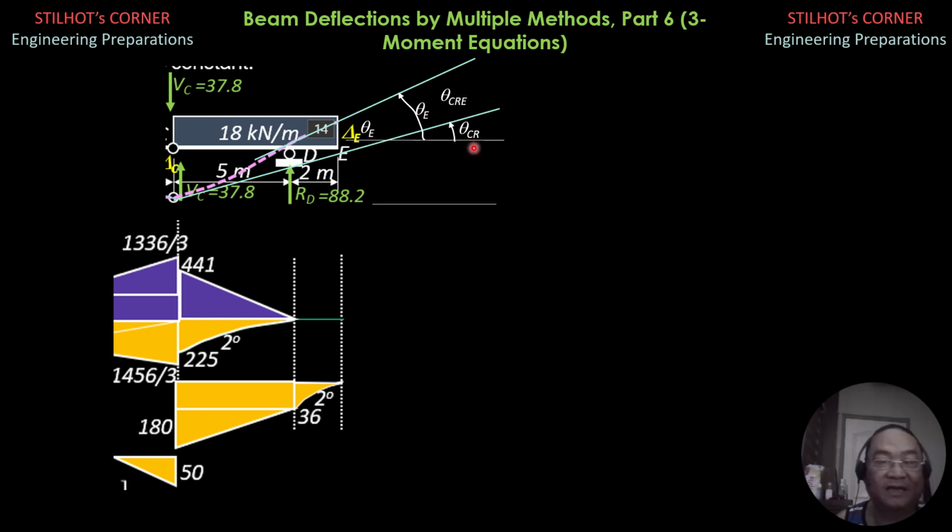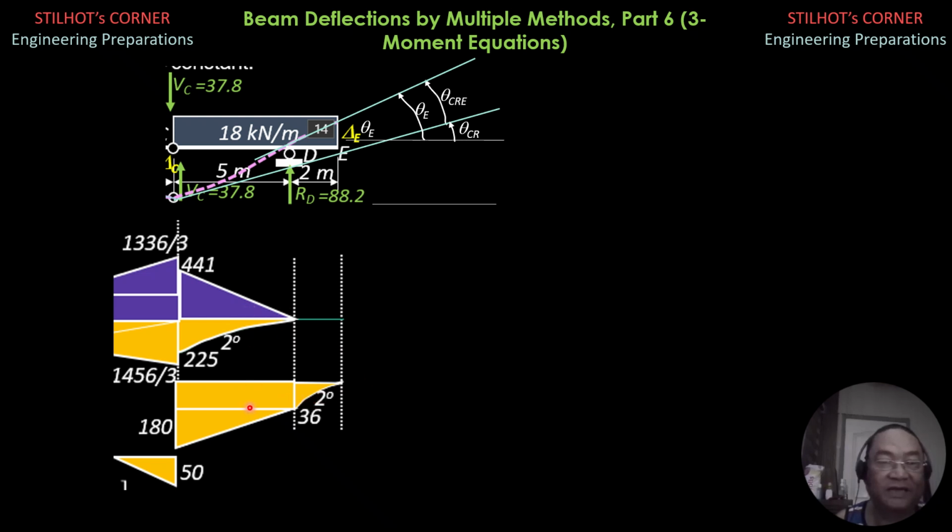And from C right to E, if this is correct, the rotation is counterclockwise as shown, and it is expected positive, and it is represented by the area between C and E. So this area here.